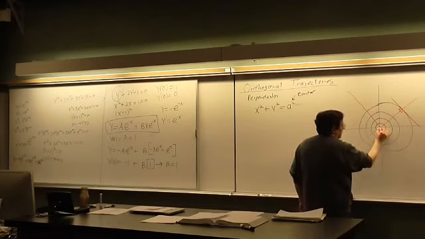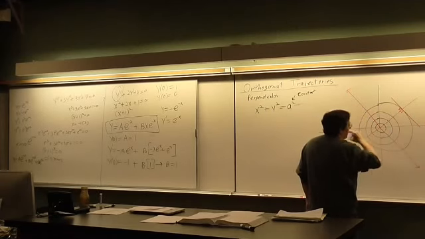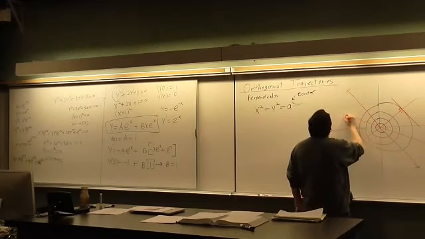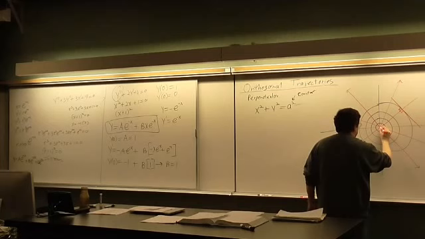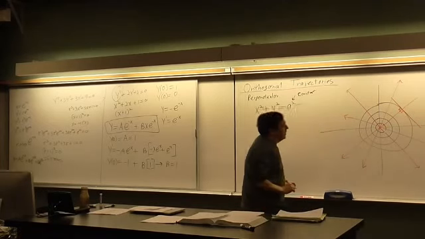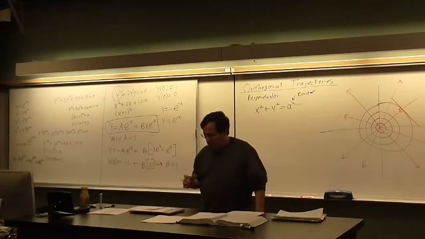So all of these lines that go through 0 are orthogonal trajectories. Now, this is such a simple example, you don't really need to calculate it.